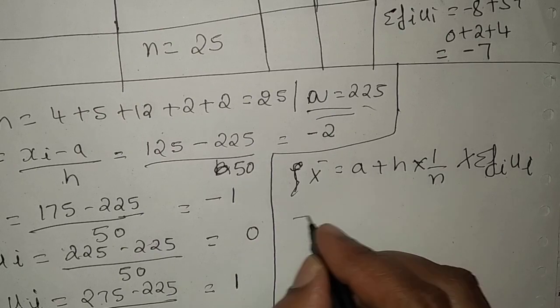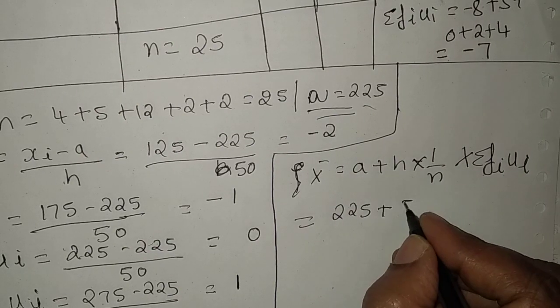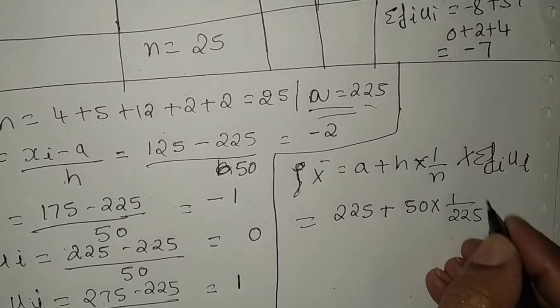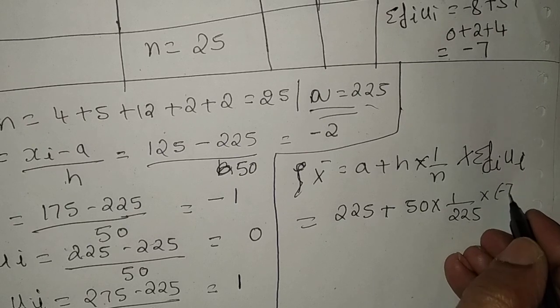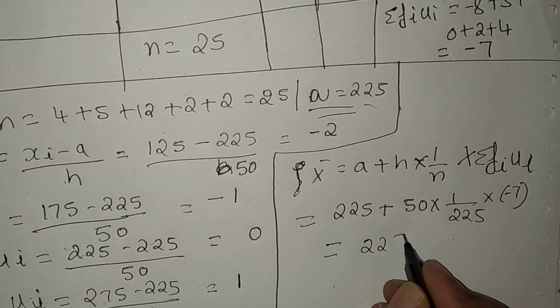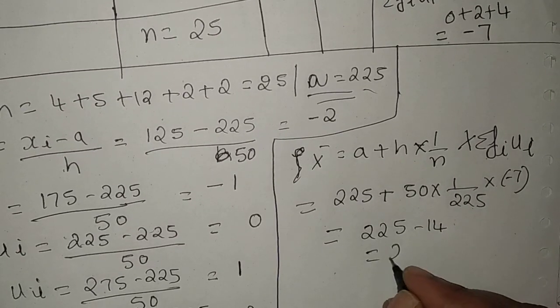Now substitute the values: a is 225 plus 50 into 1 by 25 into minus 7. Finally we get 225 minus 14, which is equal to 211.